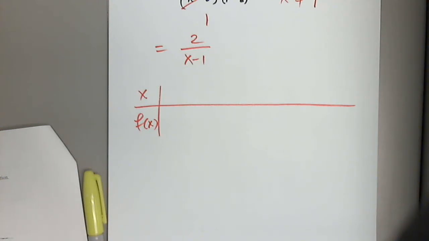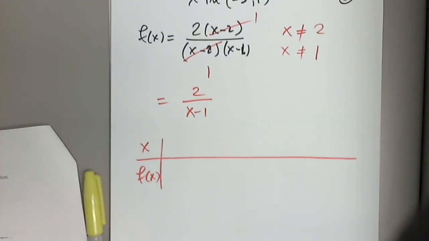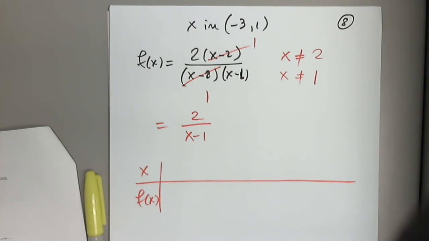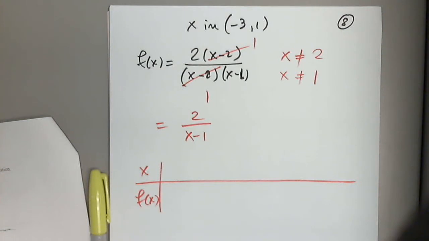It's x minus 2 and then x minus 1. I'm sorry. So if you look at the denominator, it is x squared minus 3x plus 2. So I had to factor it already. So x minus 2, x minus 1. Okay. So what is the domain of this function then?